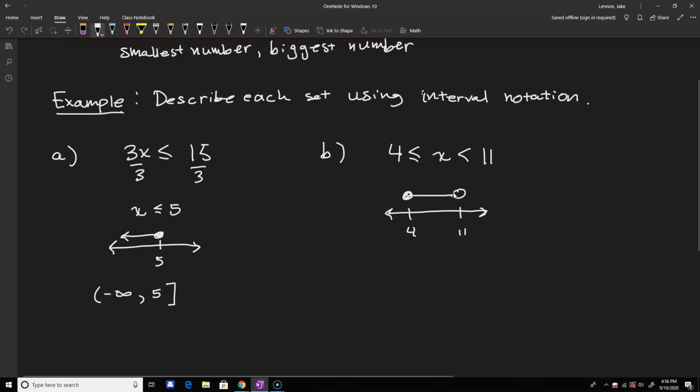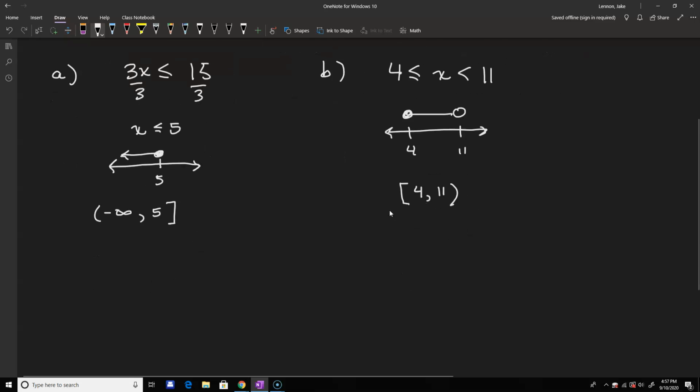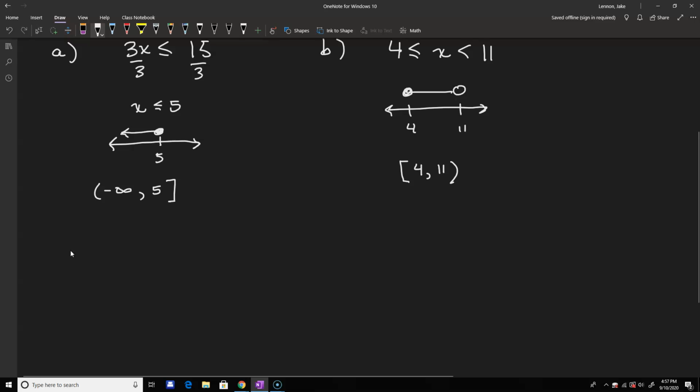So in interval notation, our smallest number is 4, and our biggest number is 11. We want to include the 4, so that gets a square bracket. And we want to just use 11 as a boundary, we don't want to include it, so that gets the rounded grouping symbol. So you'll notice including the number corresponds to a square bracket, a shaded dot, and an underline with the inequality symbol, either less than or greater than. And that's essentially the hang of it. There's really not much besides that. Let's do a few more just for practice.